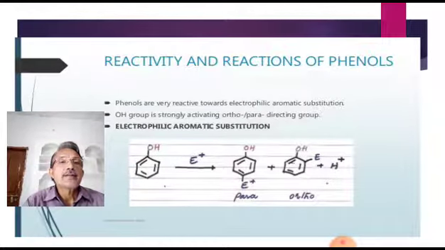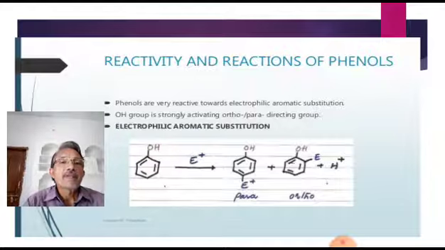These reactions in phenols are more vigorous than those in benzene. It means phenols readily undergo electrophilic substitution reactions compared to benzene because the OH group is strongly activating and ortho-para directing.